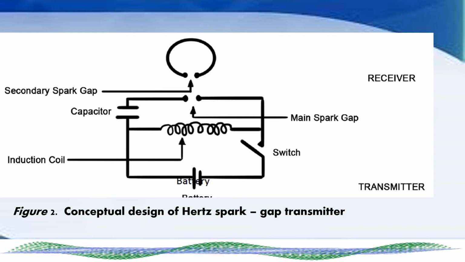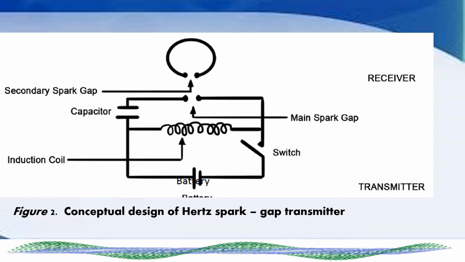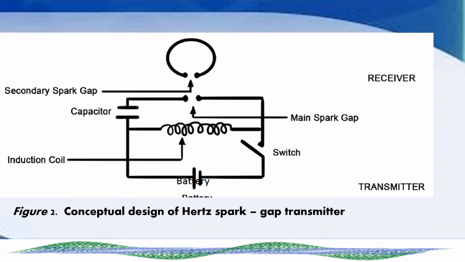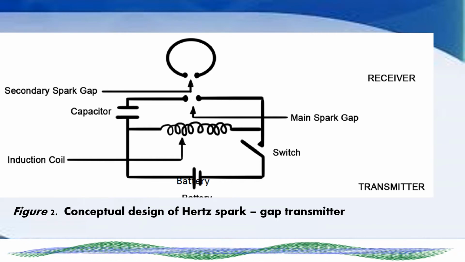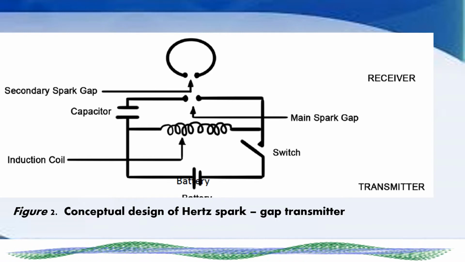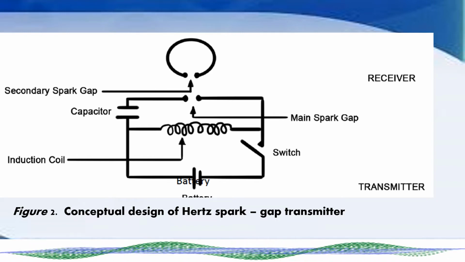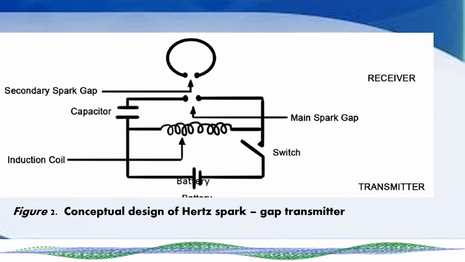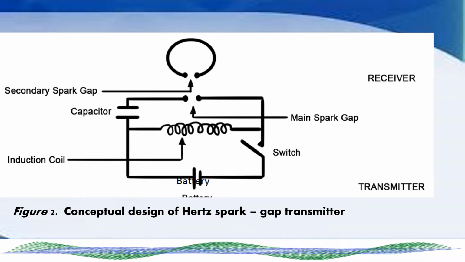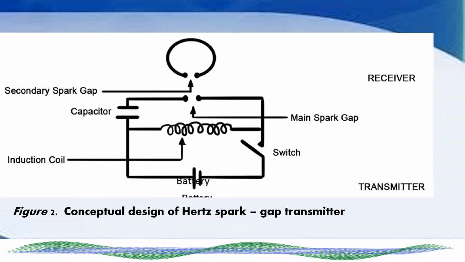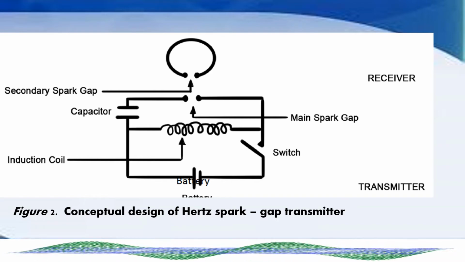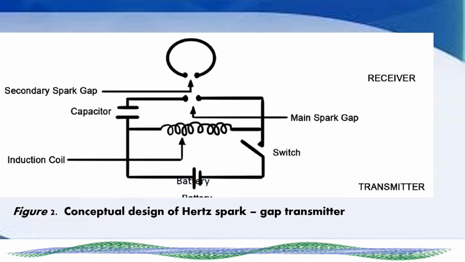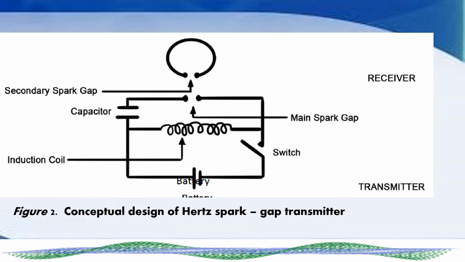Hertz observed that sparks cause an aggressive pulse of electric current within the copper wires leading out to the spheres. These oscillating electric charges produce electromagnetic waves or radio waves.